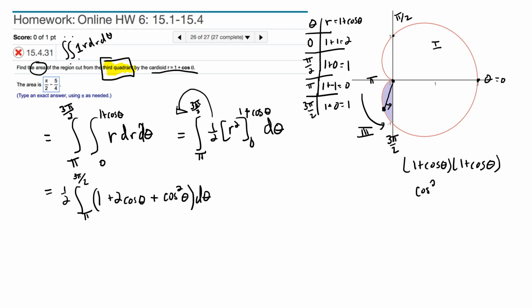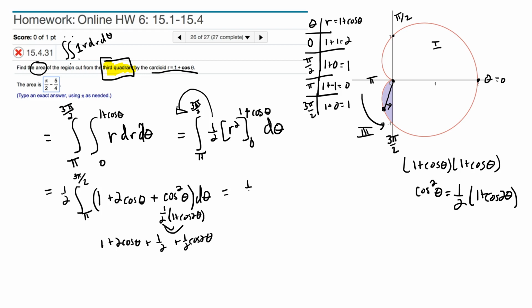Now for cosine squared on theta, we go with the half angle identity, or double angle identity. I think it's actually half angle, the official name of it. And so we replace cosine squared on theta with 1/2, 1 plus the cosine on twice theta, distributing. That gives us 1, the double cosine theta, and then a half and half the cosine on twice theta.